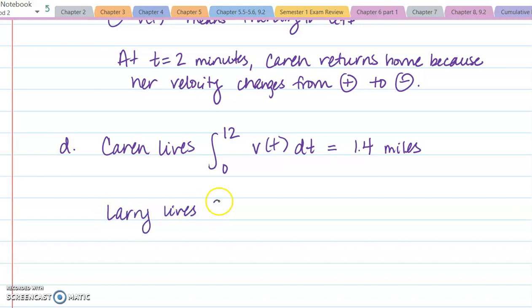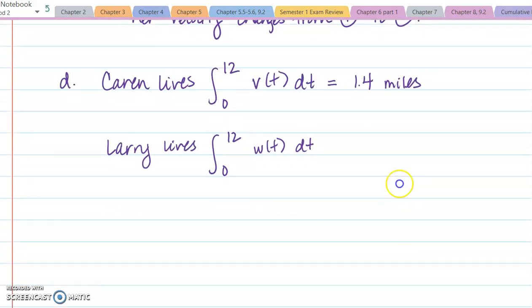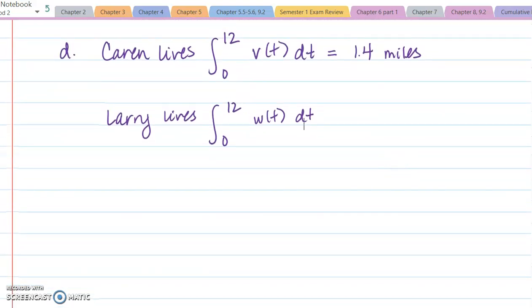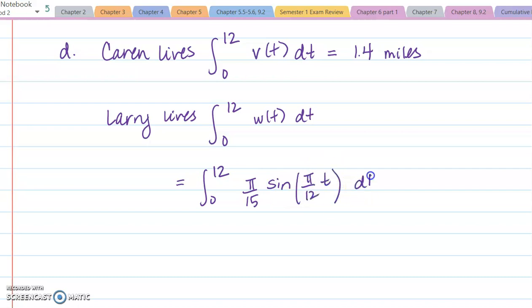Larry lives in a similar calculation, so the integral from 0 to 12 of w of t dt. Now, again, this is a calculator problem, but I'm going to not use my calculator and work through this one by hand. So here we go. This is the integral of pi over 15 sine of pi over 12t dt.